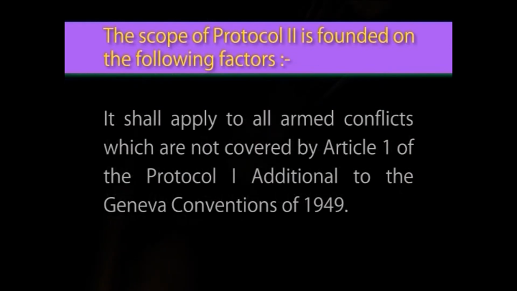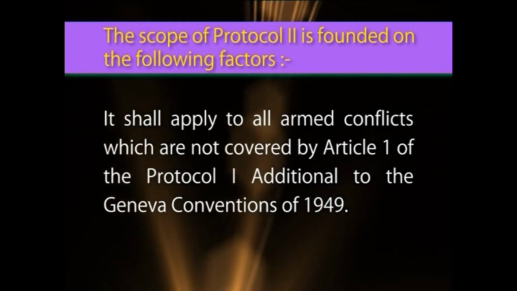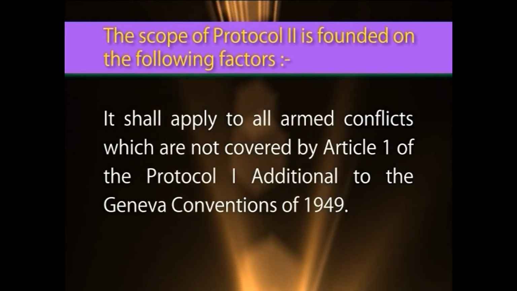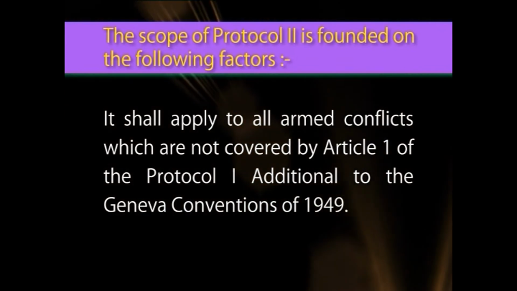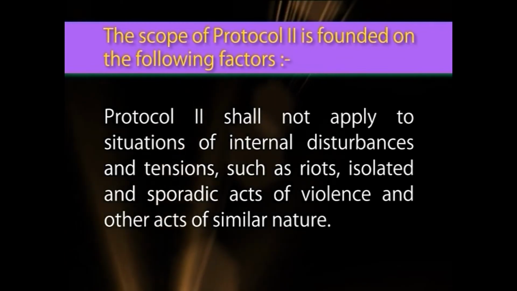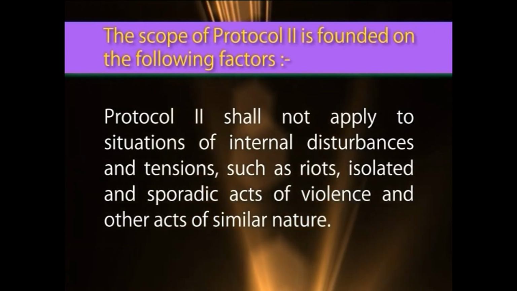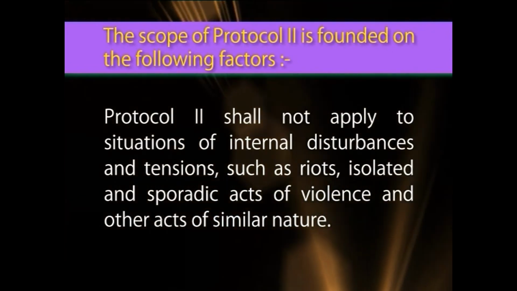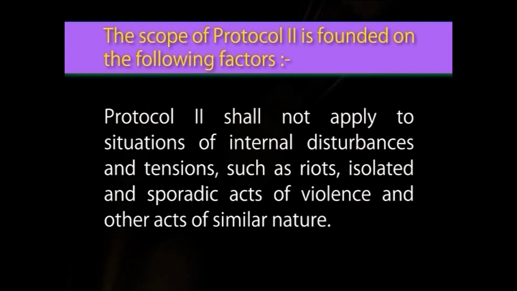It shall apply to all armed conflicts which are not covered by Article 1 of Protocol 1 additional to the Geneva Conventions of 1949. This protocol shall not apply to situations of internal disturbances and tensions, such as riots, isolated and sporadic acts of violence, and other acts of a similar nature.